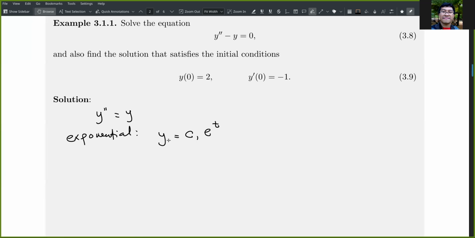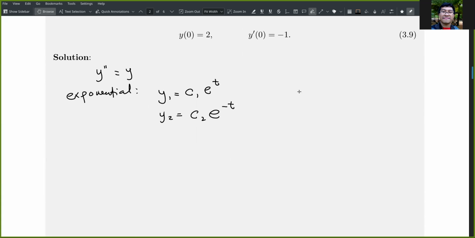Let's call this y1. Another option, y2, is still an exponential function, c2 e to the minus t. So generally, we have a solution y equals c1 e^t plus c2 e^(-t).